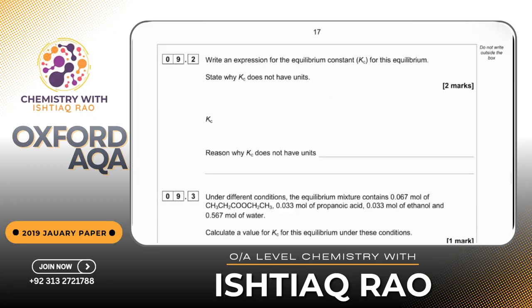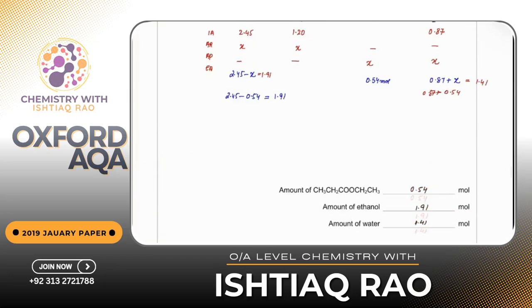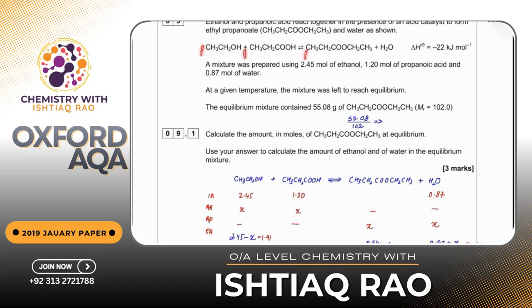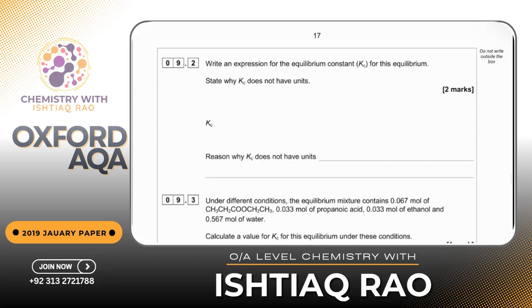All right. State why Kc doesn't have units. If you can see your equation, equal number of moles, 1, 1, 1, 1. Since I know that Kc is equal to product upon reactant, this is an ester, this is water, this is ethanol, this is propanoic acid.